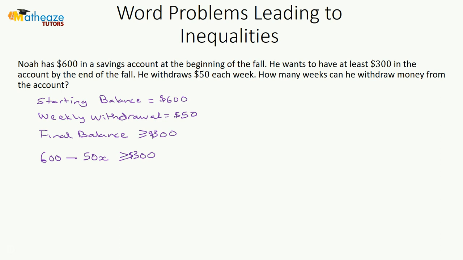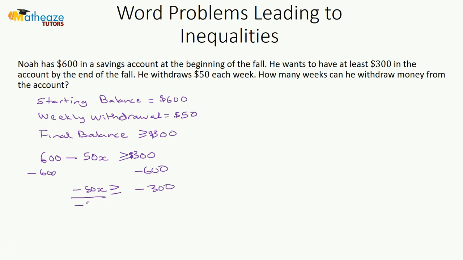Let's subtract 600 from both sides. We can ignore the units for now and then we'll use them at the end. So this is going to give us negative 50x greater than or equal to negative 300.